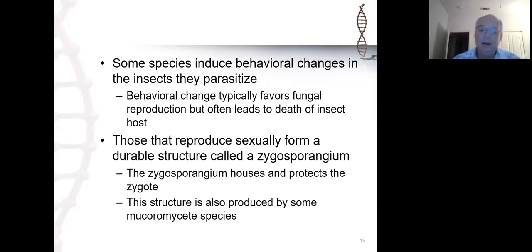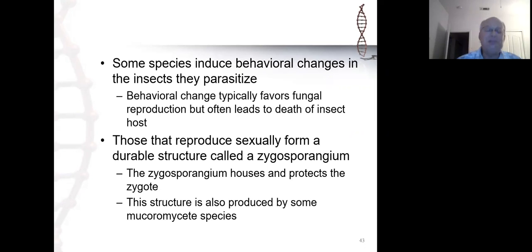They're actually sporangia or zygosporangia emerging out of the body of ants and so forth, that clearly indicate that the animal is totally riven through by fungal hyphae, and these reproductive structures, the zygosporangia, have emerged.